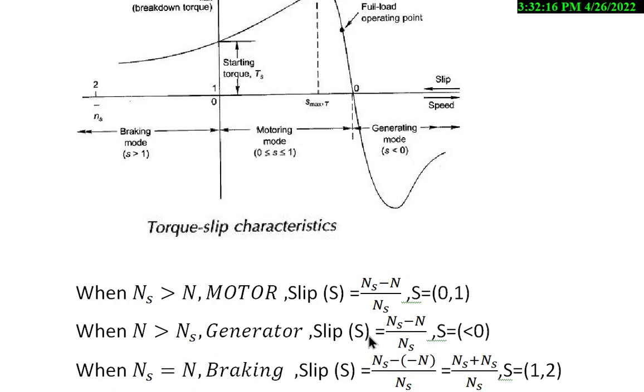So here the slip will become negative, that is less than 0. In that case, that motor operation is called the generating mode. So to operate the three-phase induction generator, a three-phase capacitor bank should be connected across the stator windings to provide the reactive power.